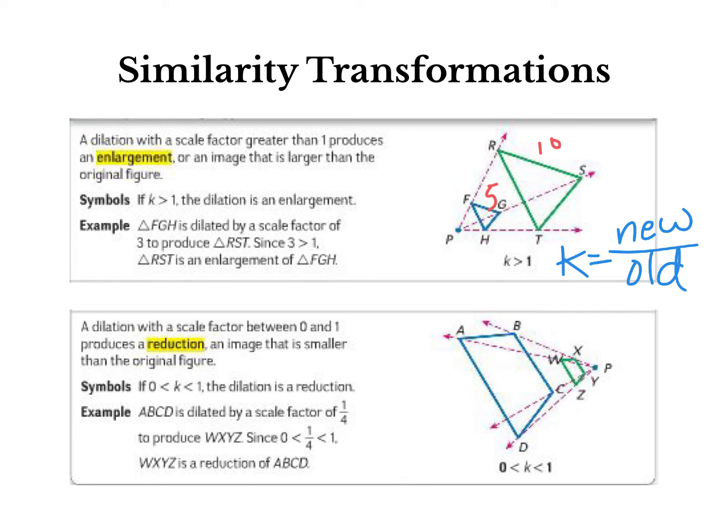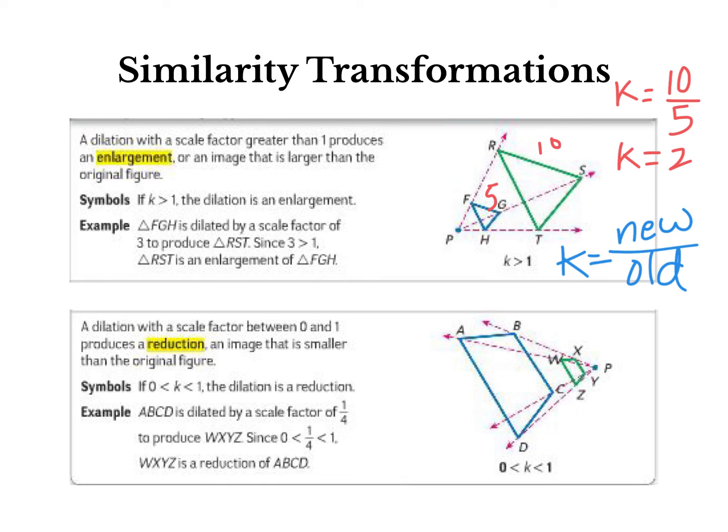So we would do the ratio of 10 over 5, which comes down to 2 as our scale factor. What does this mean? It means that the original image was enlarged by a factor of 2. All of the sides of the triangle are going to be doubled, increasing by a factor of 2. And that's how you get your new image.